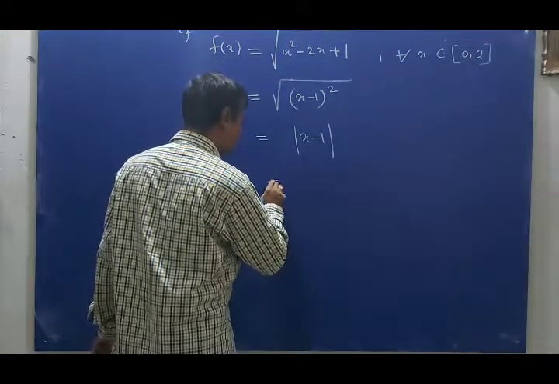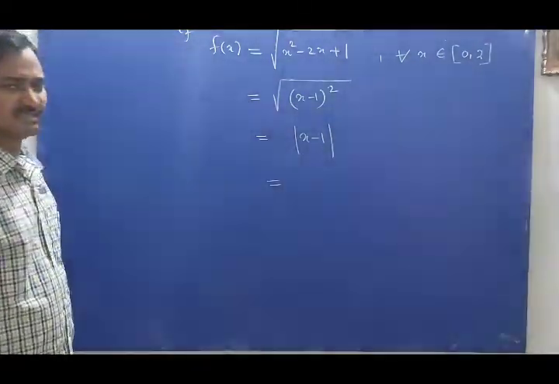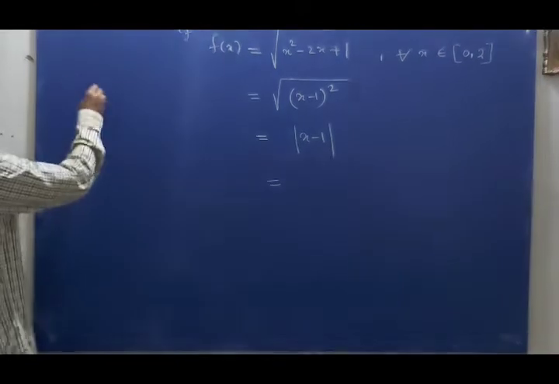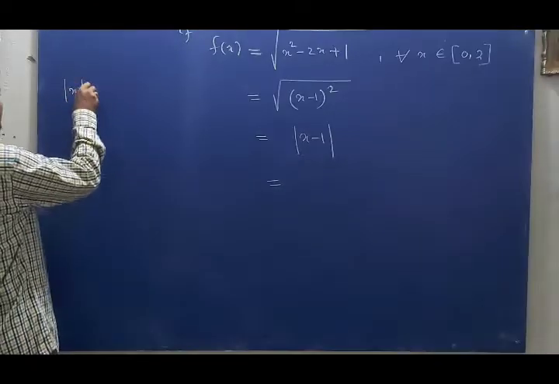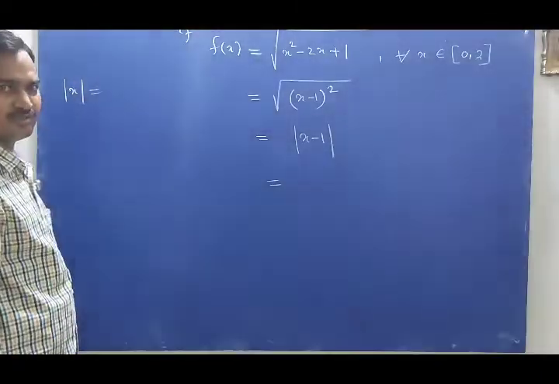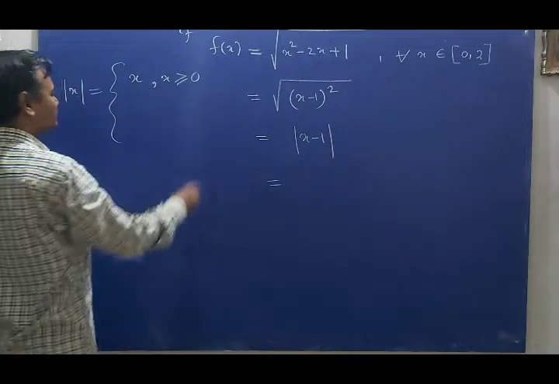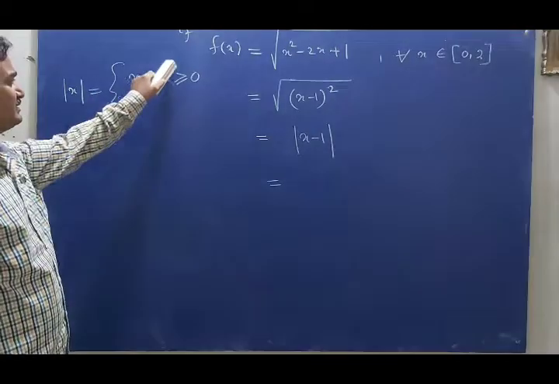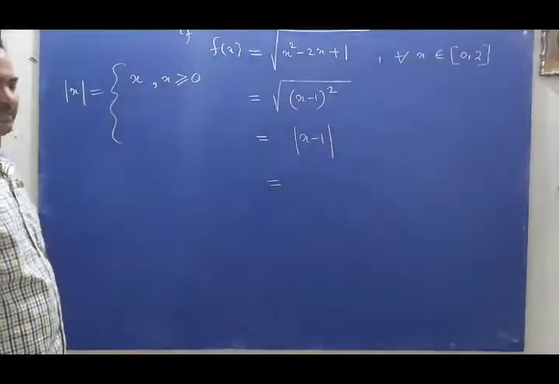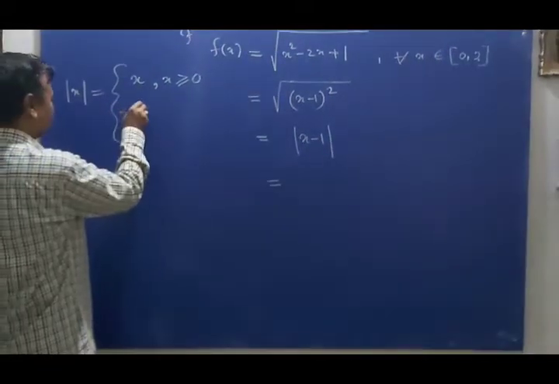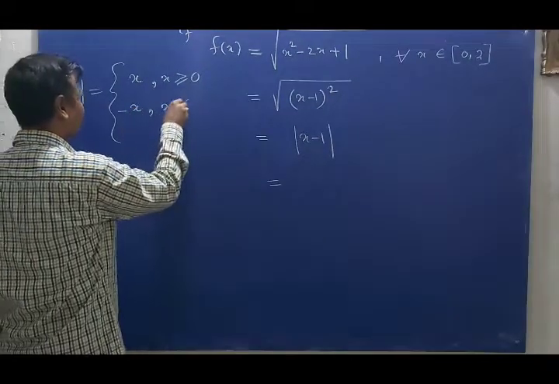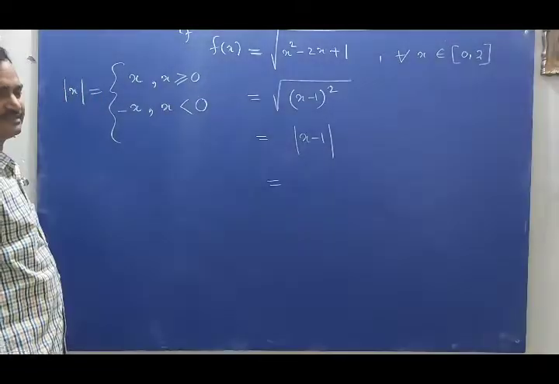This is the formula for modulus of x: modulus of x is x if x is greater than or equal to 0, and modulus of x is equal to minus x if x is less than 0.